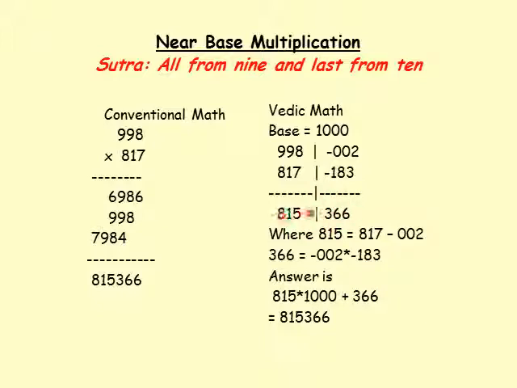We can see the answer is 815366. But you can always do it this way: left part times base, which is 1000, plus right part is 815366. When you multiply by 1000, that adds 3 zeros to 815, and this 366 from the right just slides into those 3 zeros.